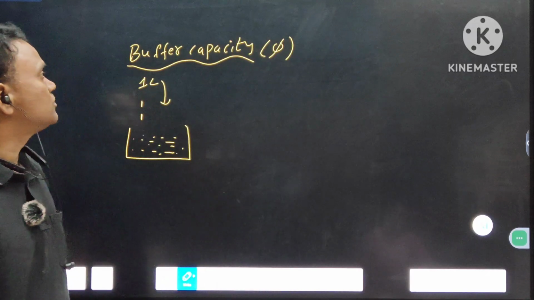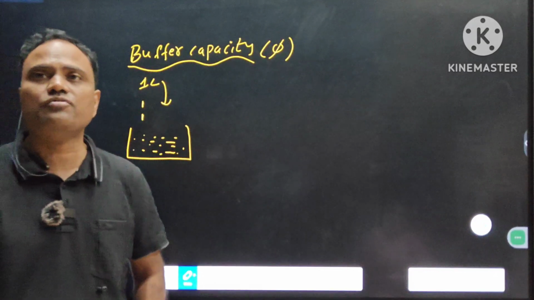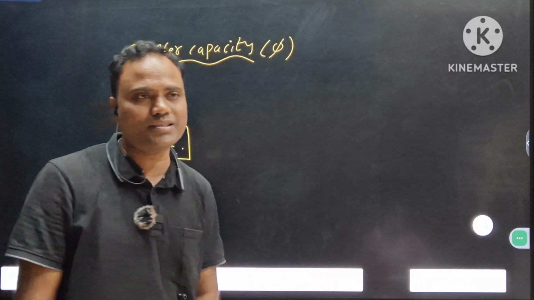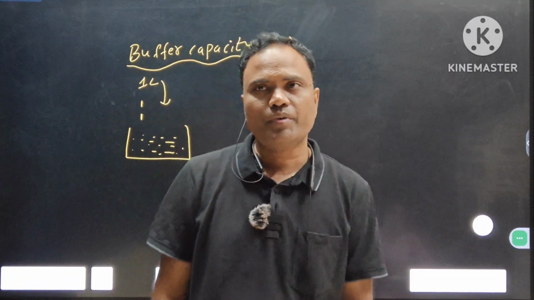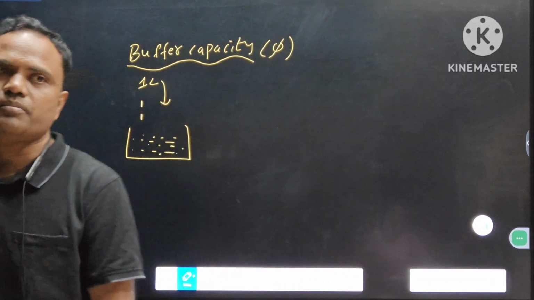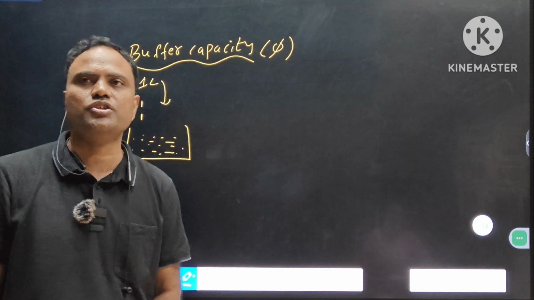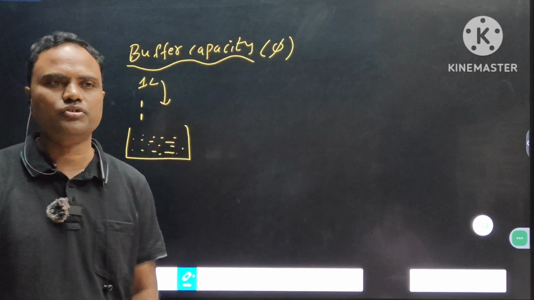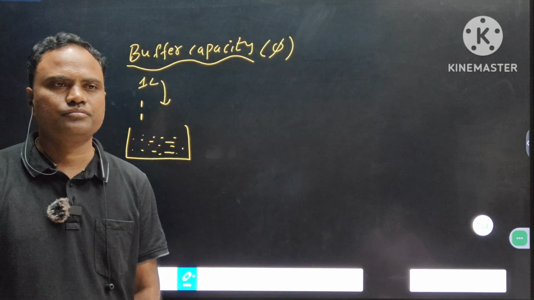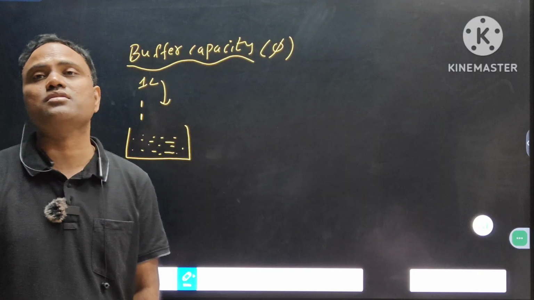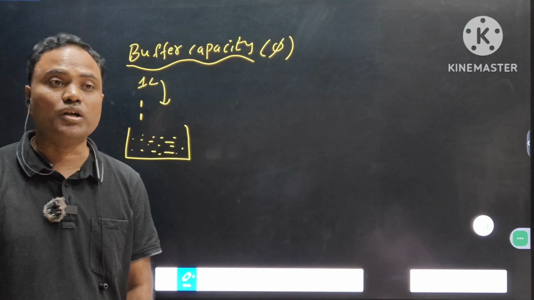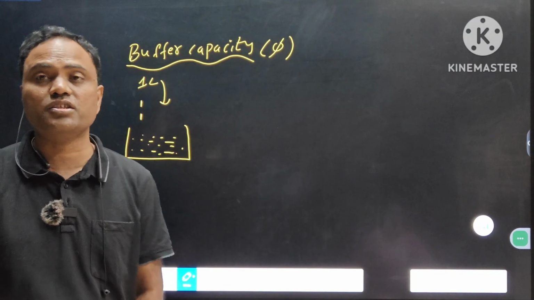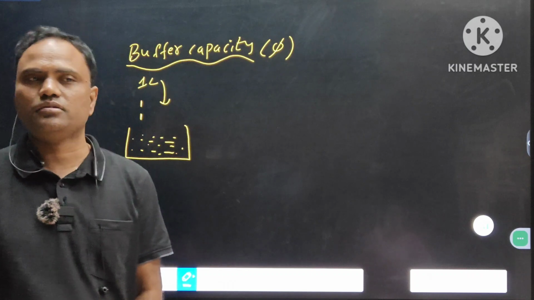Clear? So buffer capacity is the number of moles of strong acid or strong base added to 1 liter of buffer solution to change its pH by 1 unit.